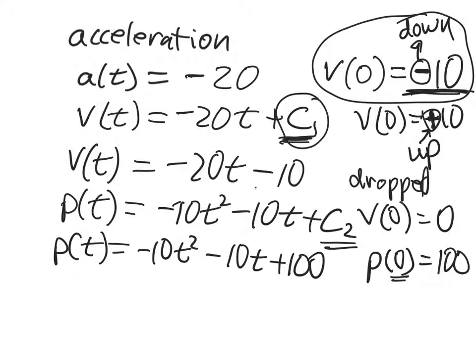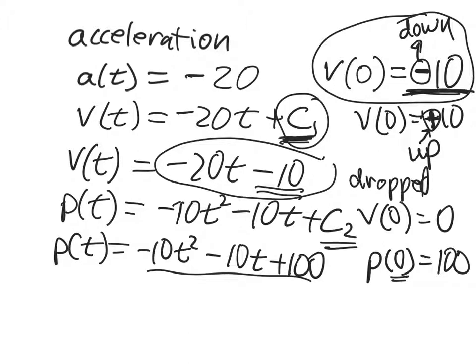Like here, again, if we did not know the initial velocity, at the time when it stops, this would equal 0, and then we would also know something about the position. So a lot of different questions can come out from these.